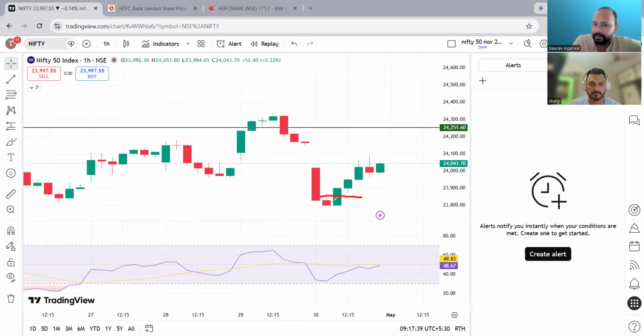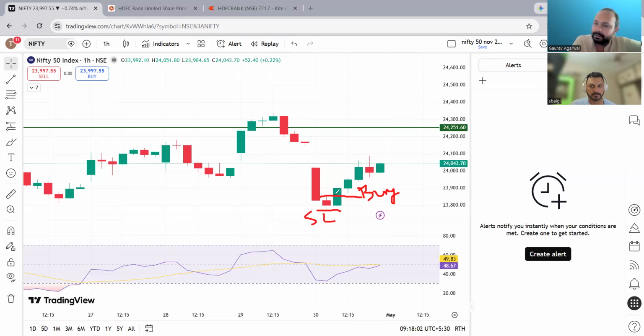Like this, right? So when the next candle crosses this price, here you can take a buy entry. Like this. And your stop loss will be here, at the low of the hammer.